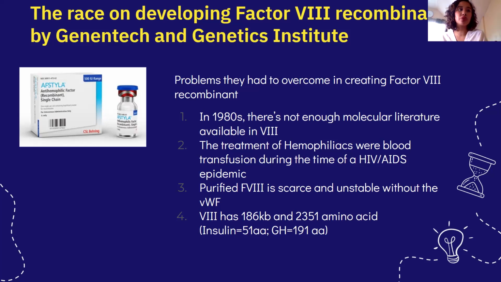They could die because of internal bleeding because of the lack of factor 8. At nung around the 1980s, nag-racing itong Genentech Company and Genetics Institute. So they were racing to find how to produce factor 8 artificially through recombinant DNA technology.